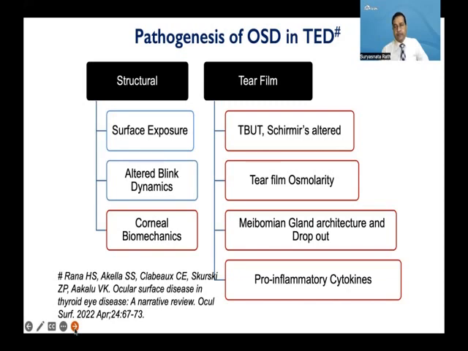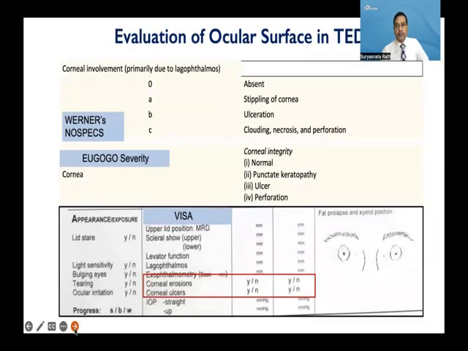In this setting, it's important to understand that from a common change in the ocular surface milieu, we can have a full-blown keratopathy and corneal breakdown.